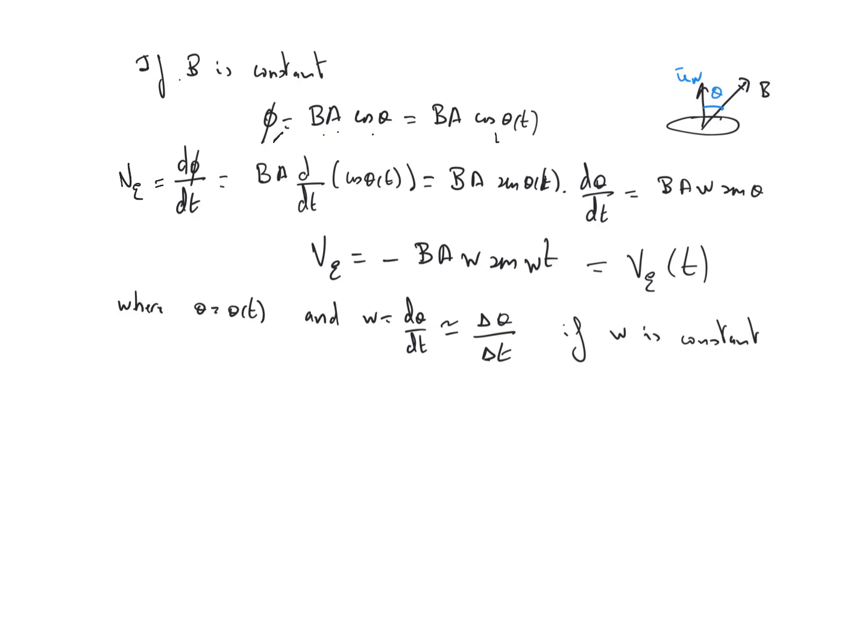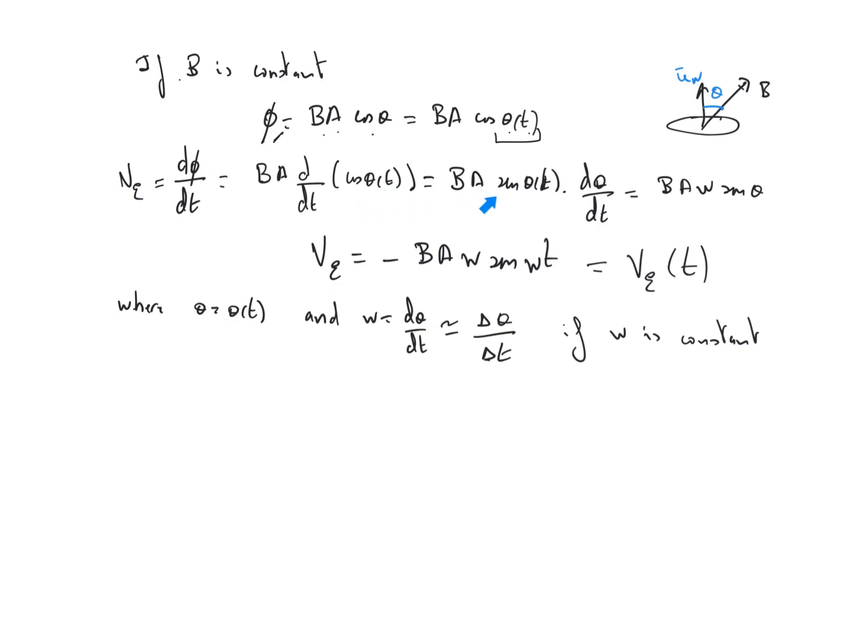But theta changes with time, so I have to write theta of t. So the variation of the flux with respect to time will be B times A, which is constant and goes out of the derivative, times the derivative of cosine of theta of t. Theta is changing with time t because it's rotating at some angular speed.